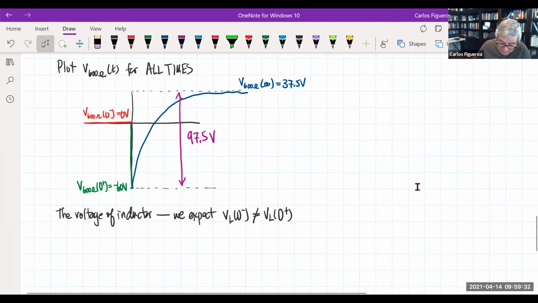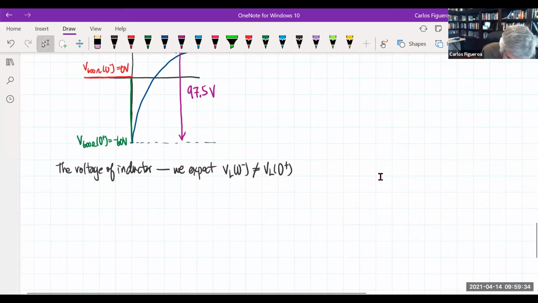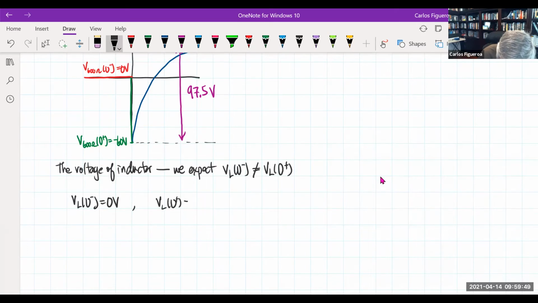So now let's go look at this thing. Clearly before the switch is thrown, this is of course 0 volts without any doubt, because it's a short. So now what about VL at 0 plus? Well, the only thing that we can write here is this guy right here. And if I compute this, this is going to be 1/10.